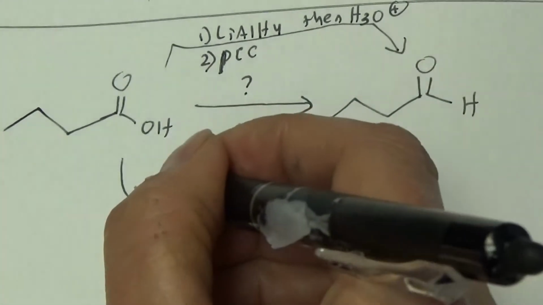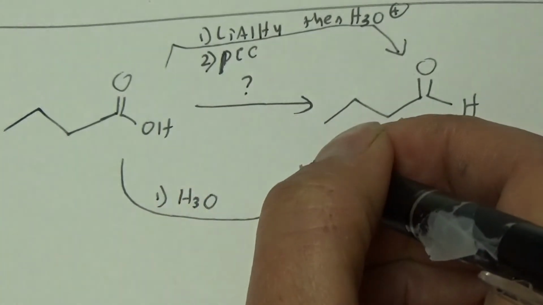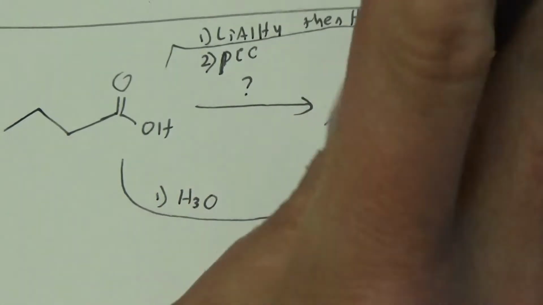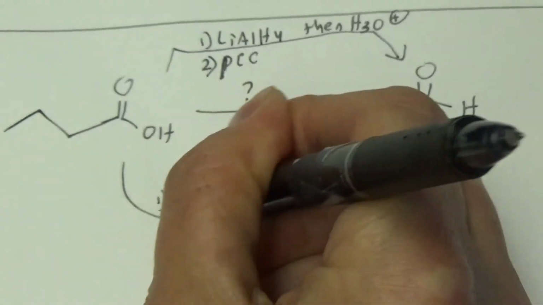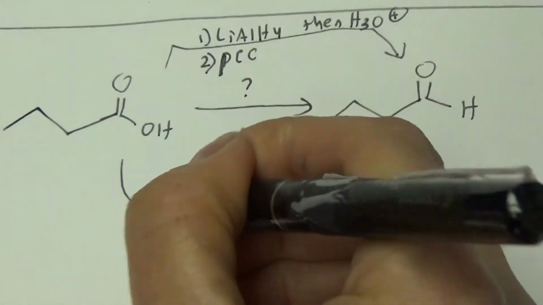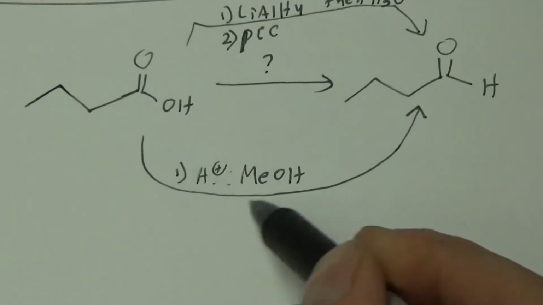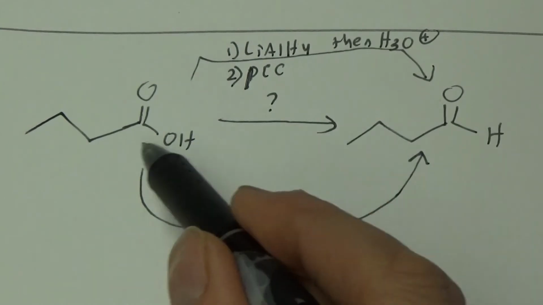So what I'll do is I'll say this will make a methyl ester. How do you make a methyl ester? H plus methanol, right? That's the Fischer esterification.